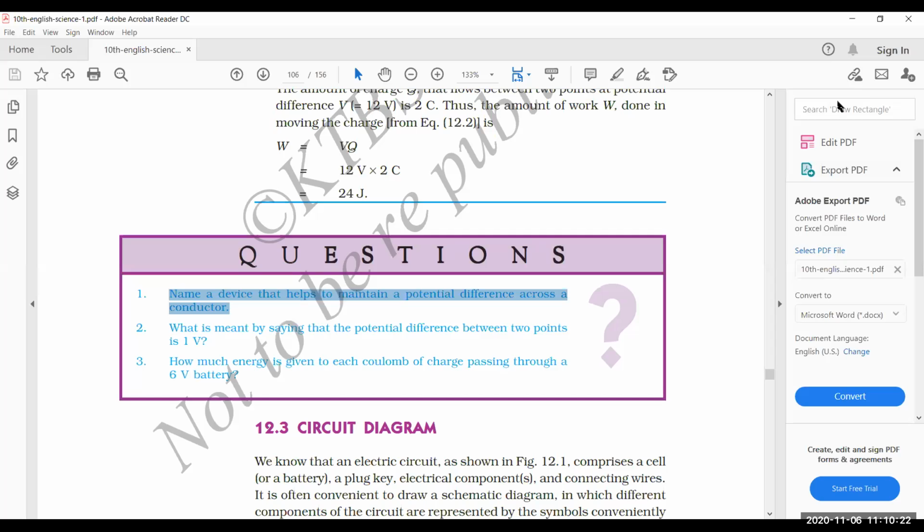Actually the potential difference is supplied and maintained both, but here they have asked for a device that helps to maintain a potential difference across the conductor.